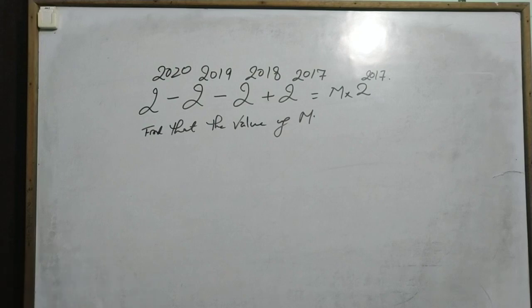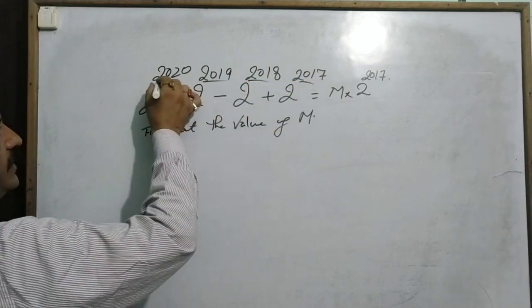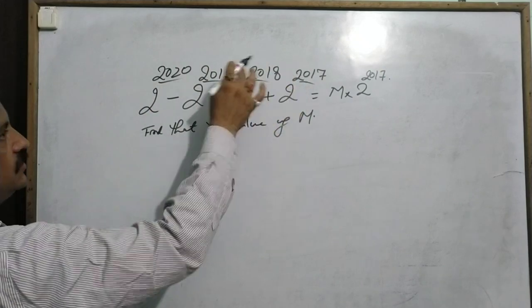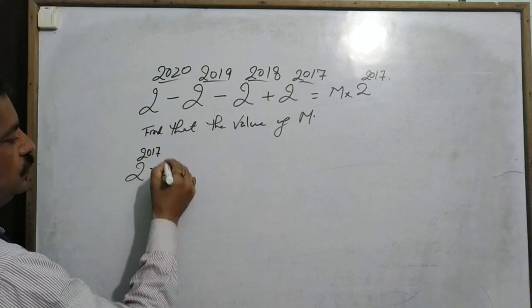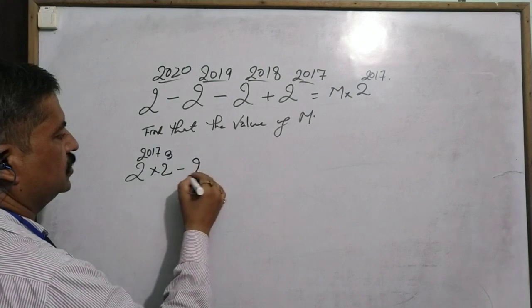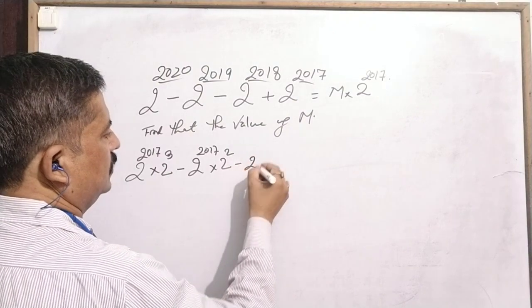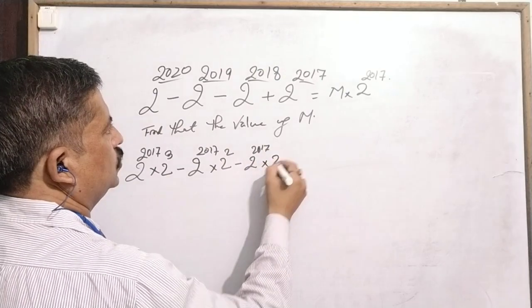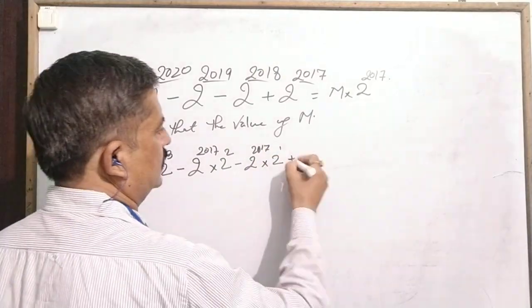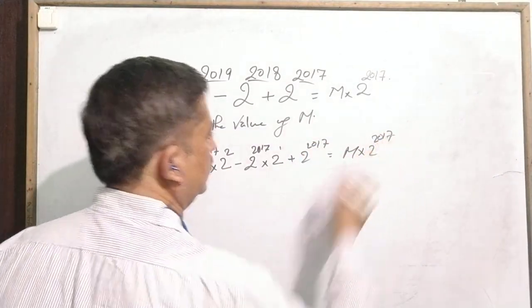We have two ways to solve that question. First, if you check, 2020, 2019, 2018, we also have 2017. So you can write 2017 into 2 to the power 3 minus 2017 into 2 to the power 2 minus 2017 into 2 to the power 1 plus 2017 equals m into 2 to the power 2017.